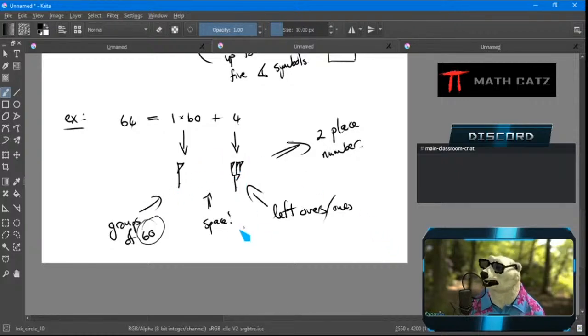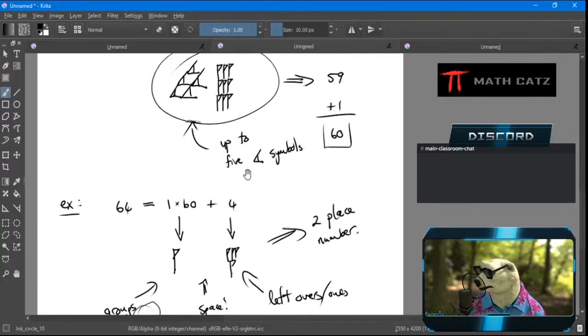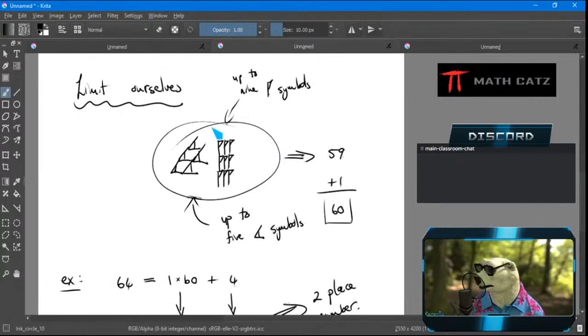Regardless of the reasoning, they said, we are going to go with 60s because we're happy with representing quantities up to 60, not including 60. Below 60, we're happy with making clusters in really one place. This is a one place number.